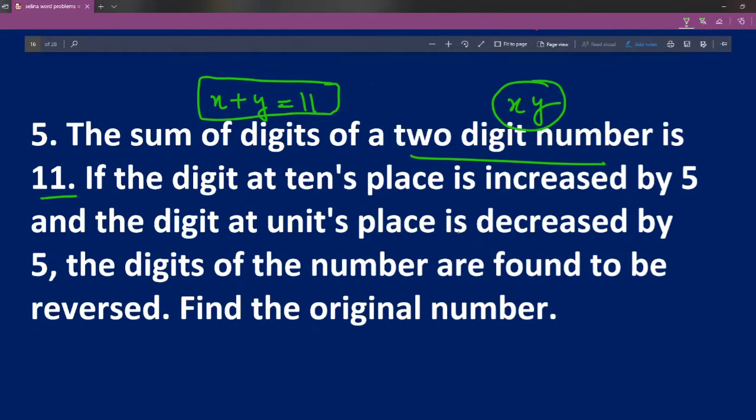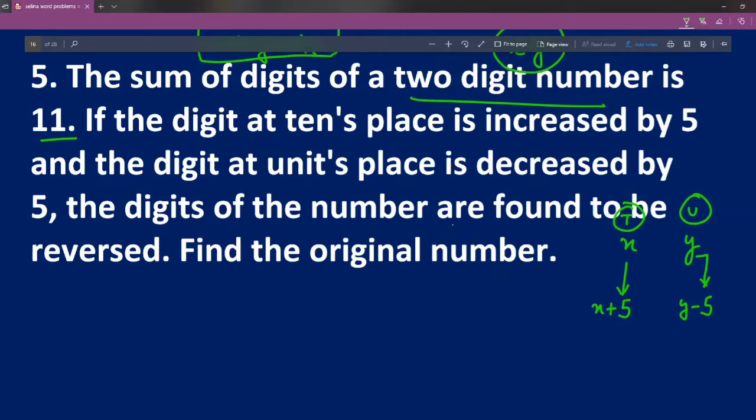If the digits, so my number is xy, just remember this. If the digit at tens place is increased by 5, okay, so this was my original number. This is my units place, this is my tens place. So the tens digit becomes x plus 5, and the digit at units place is decreased by 5, so this becomes y minus 5.